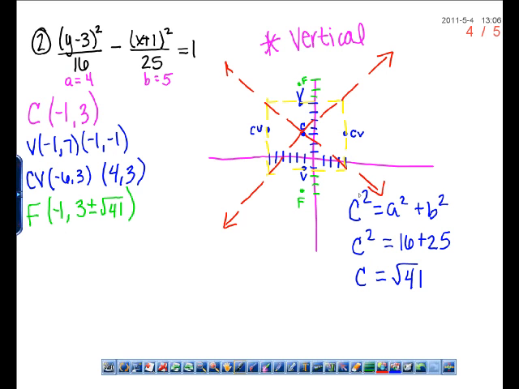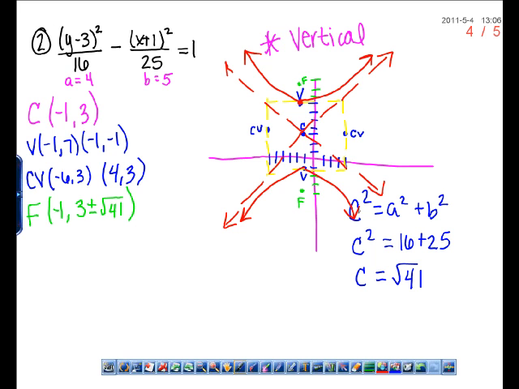All right, and how do I finish drawing the curve from here? Good, start at the vertex and follow your asymptotes. Okay?